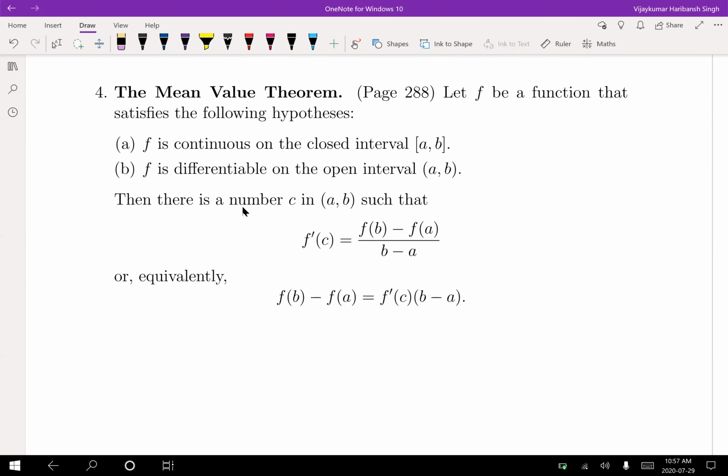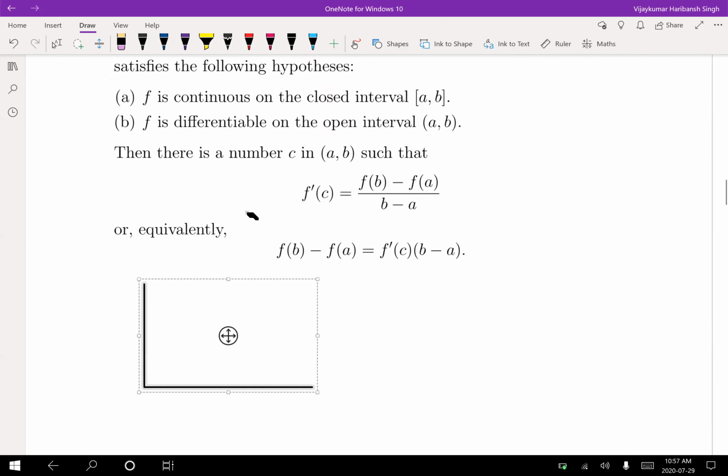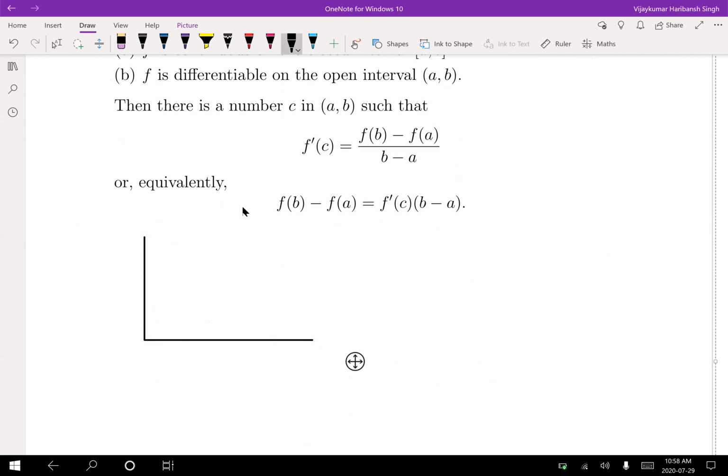Let me draw this scenario. We have a to b, and we have a function. You're not given that f of a equals f of b, so we don't need to draw it like that. This is an example of a function.